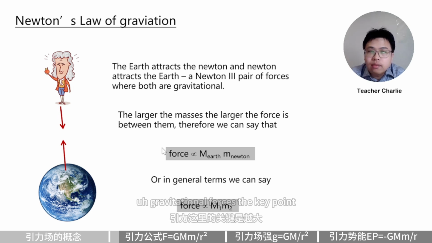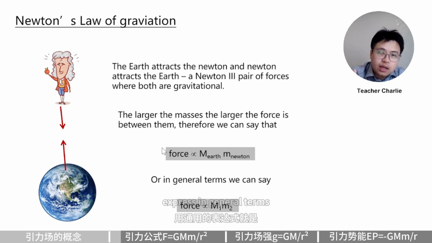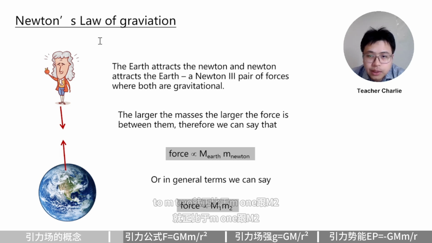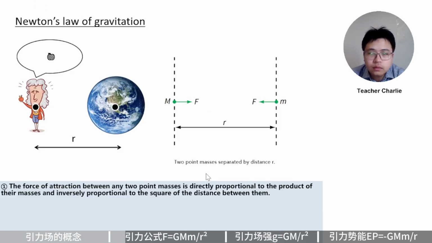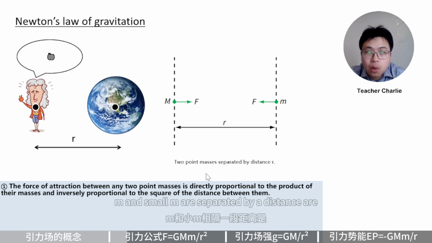The key point here is that the greater the mass, the greater the gravitational force, expressed in general terms. This means that gravitational force is proportional to m1 and m2, the two masses. The force is proportional to both masses. Okay, we can see that the two objects with masses M and small m are separated by a distance r.